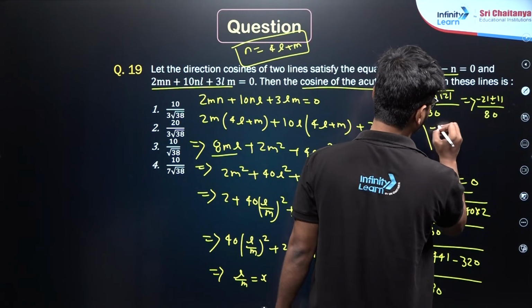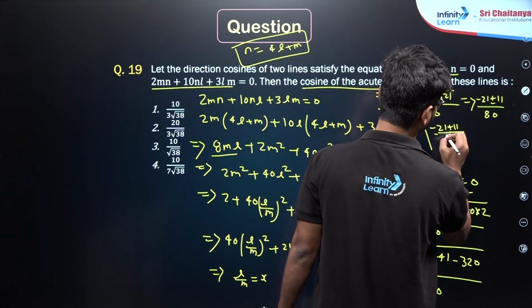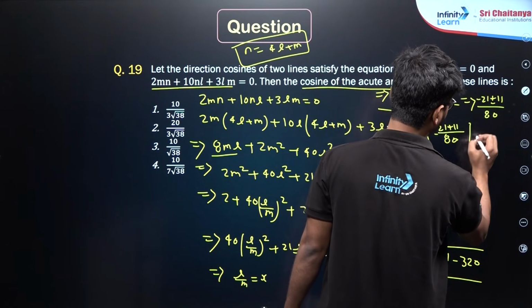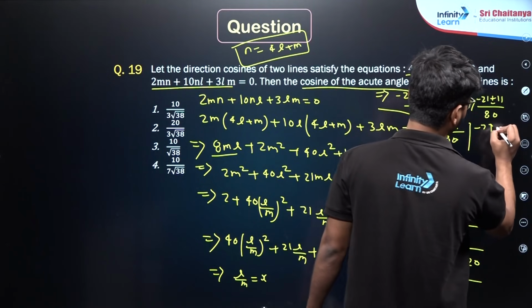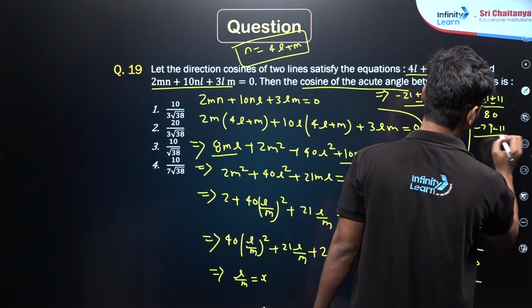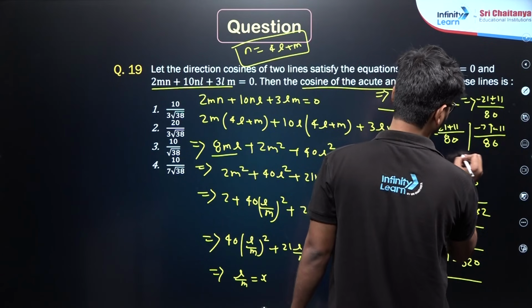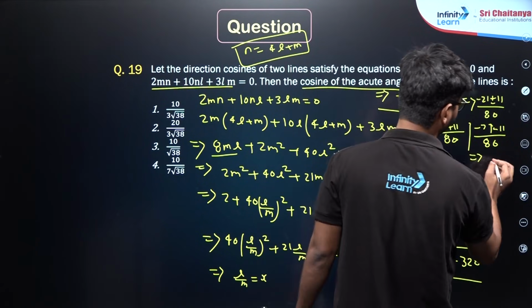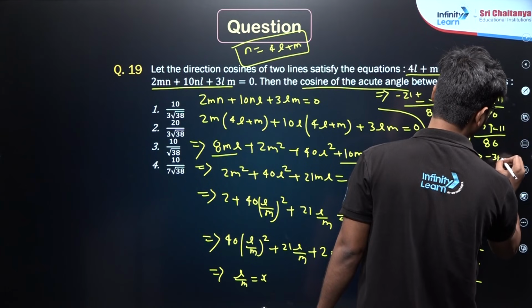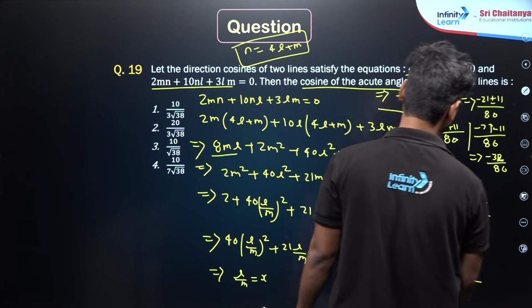So first of all it will be minus of 21 plus 11 by 80, and here it will be minus of 21 minus of 11 by 80. Correct? So if you observe, 21 plus 11 is 32, so minus of 32 by 80 we are getting here.